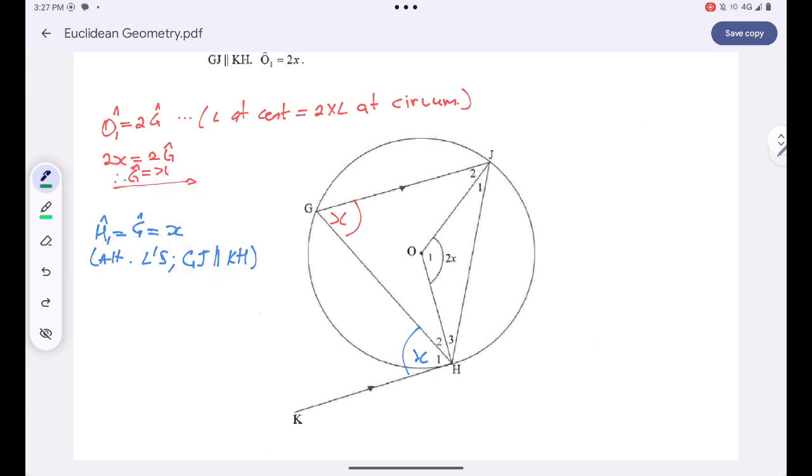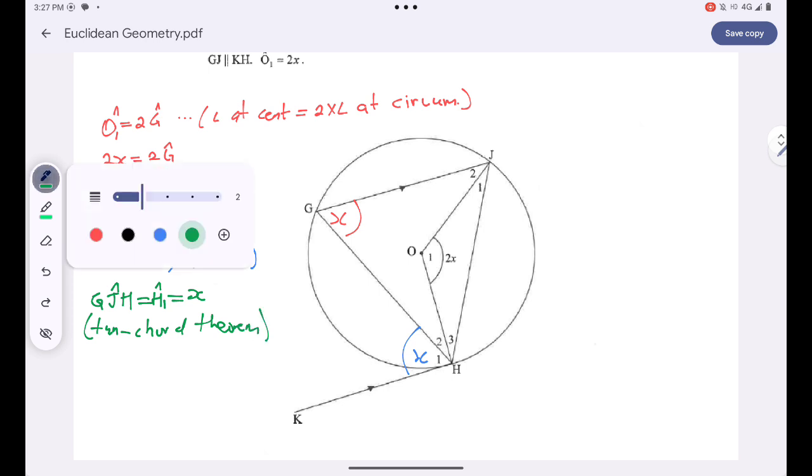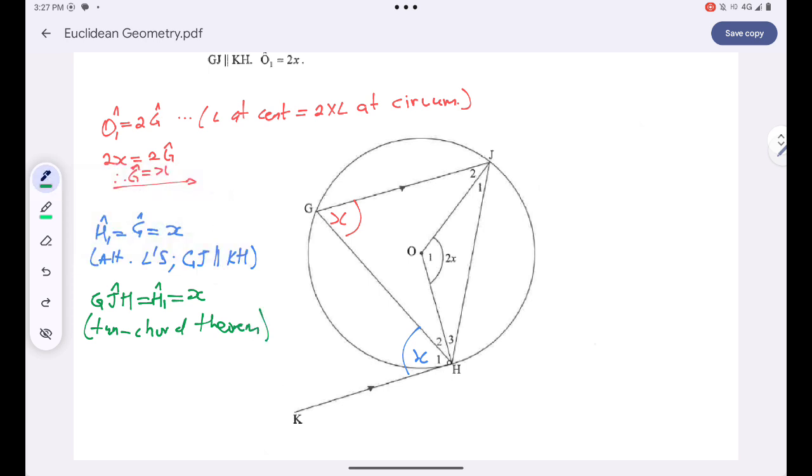However, angle GJH is equal to angle H1. So that means it is also equal to x. Why are these two angles equal? They are equal because of the tan-chord theorem. Remember that, guys, tan-chord says that the angle between the tangent and the chord is equal to the angle subtended by the same chord at the circumference.